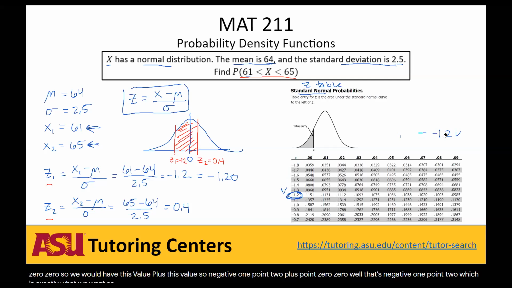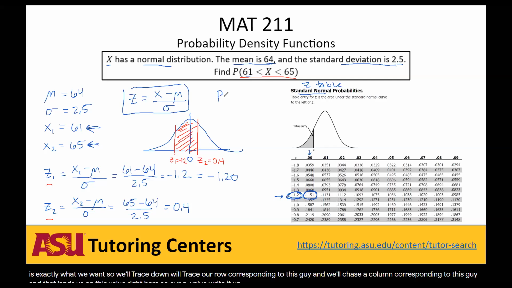So we'll trace our row corresponding to this, and we'll trace our column corresponding to this, and that lands us on this value right here. So our p-value, write it up here, we'll call it P1, which is our probability of being to the left of this Z-score, is equal to 0.1151 from the table.